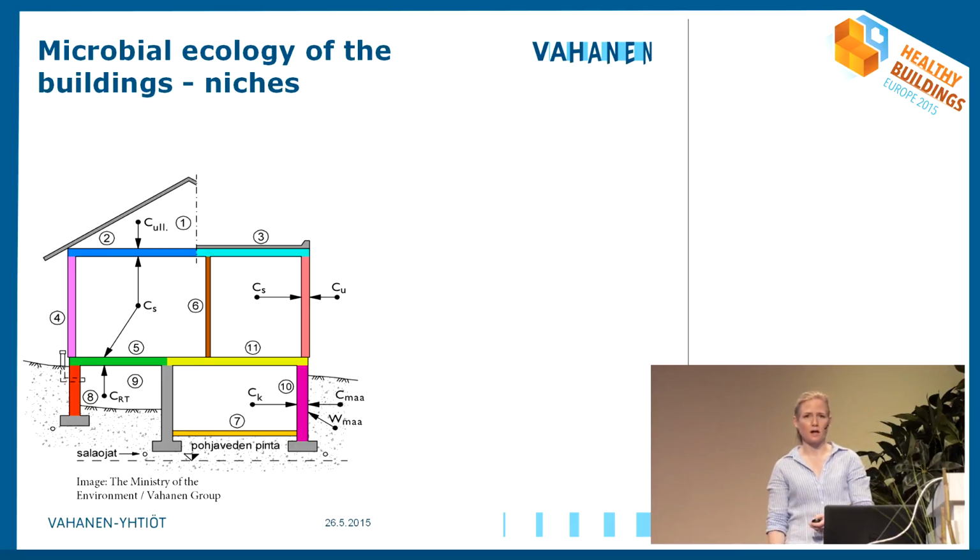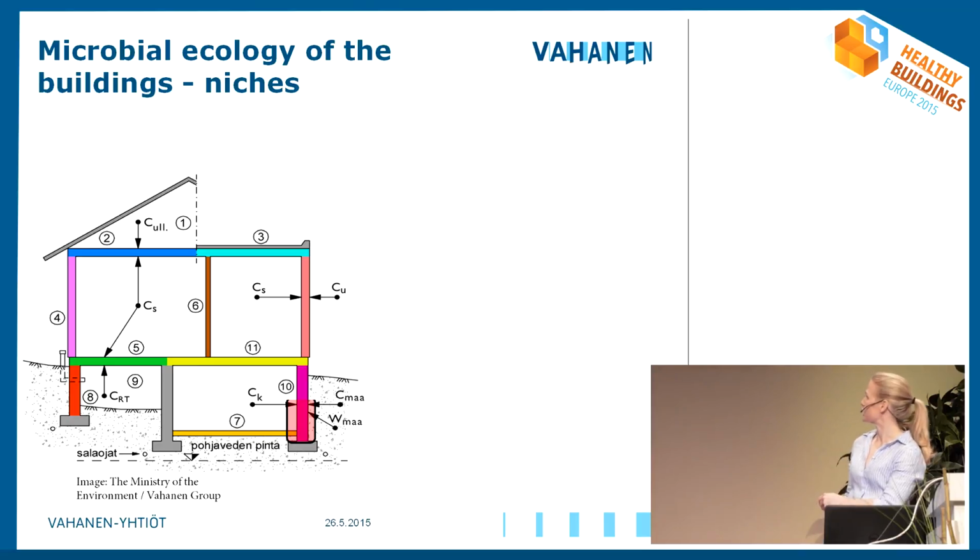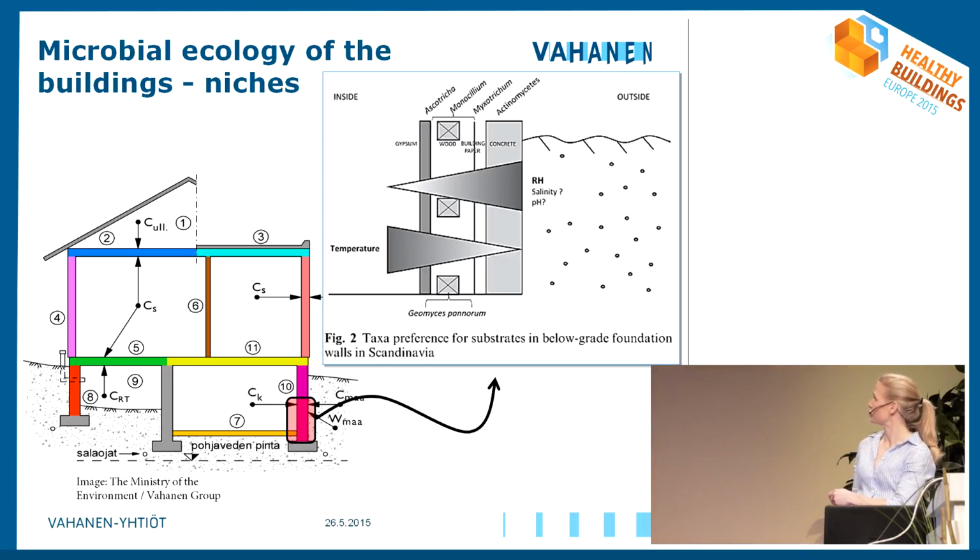Taking an example of the cellar wall, there is a very nice study by Nunes and colleagues about this certain structure as a microbial niche, how the external conditions, relative humidity, salinity, pH, and indoor conditions create this specific environment in the structure.